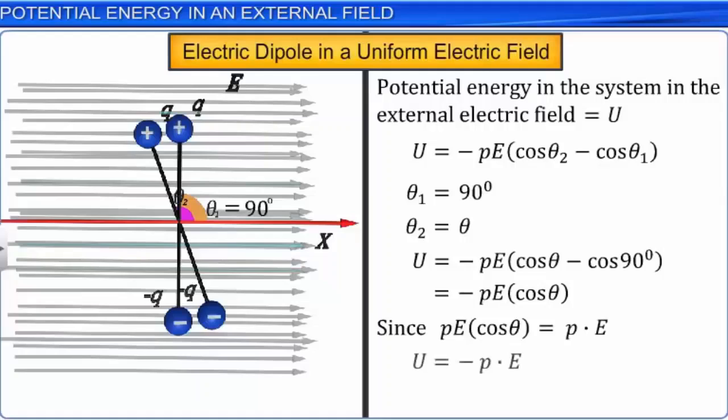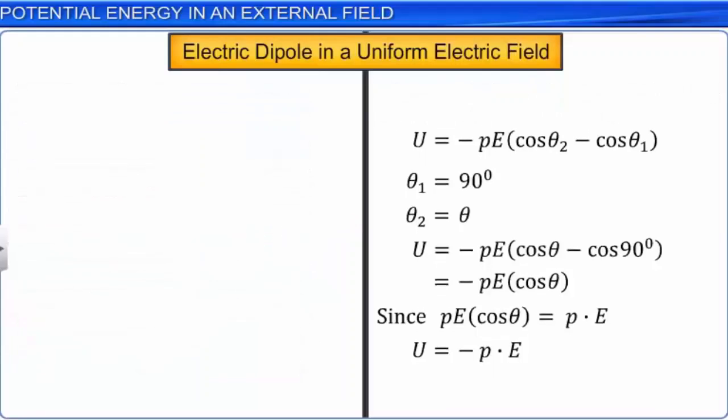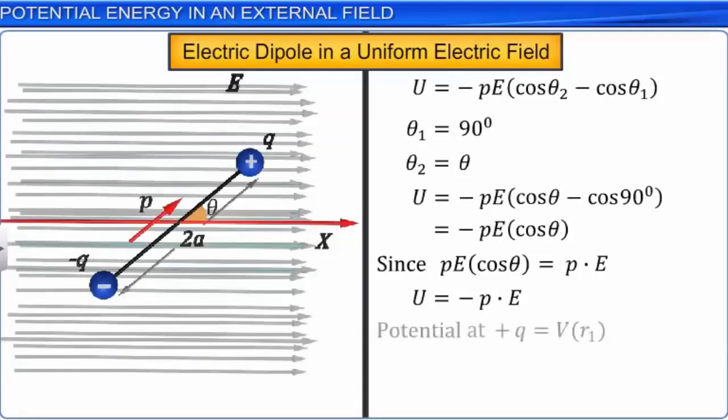If V of R1 and V of R2 denote the potentials at the positions of the charges plus Q and minus Q of the electric dipole respectively, the axis of the dipole makes an angle theta with the direction of the electric field, and the distance between the charges R12 is equal to 2a.